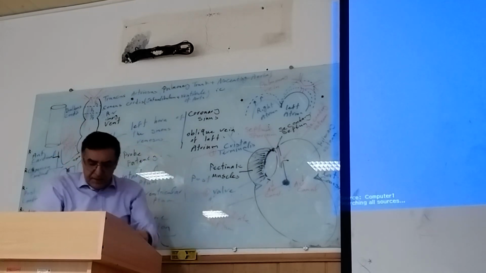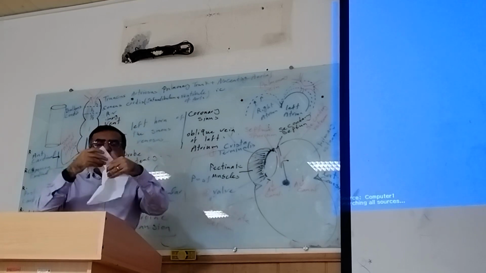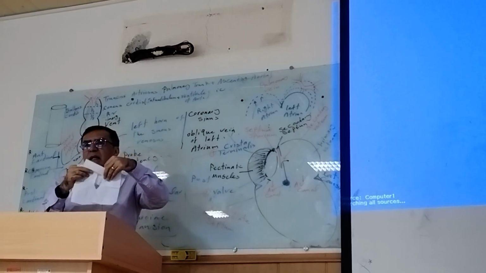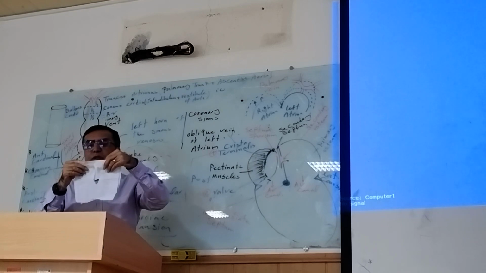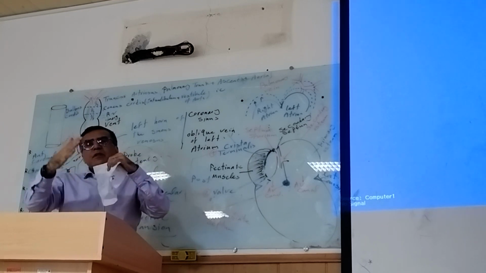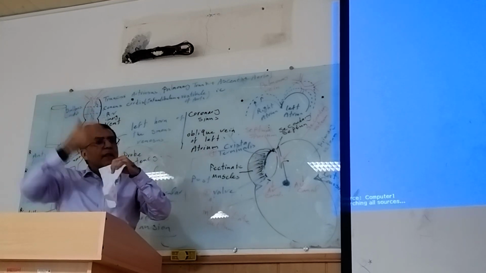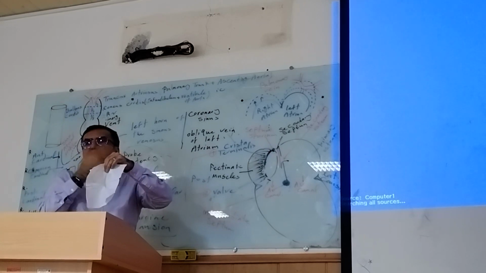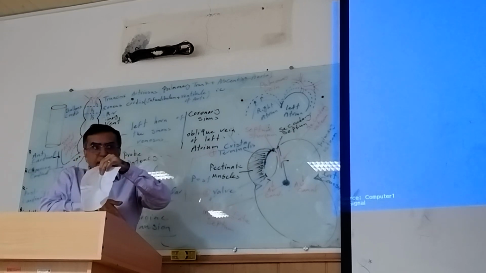Yeah. After birth, when the baby starts crying and the lungs start to function, the blood pressure on the left side increases and the pressure on the right side decreases.